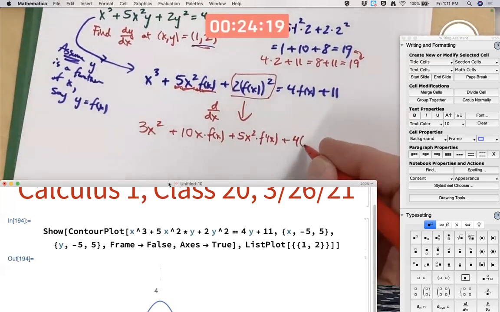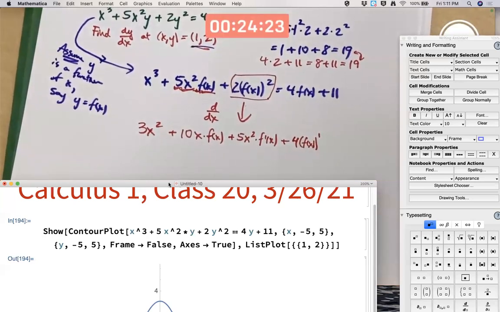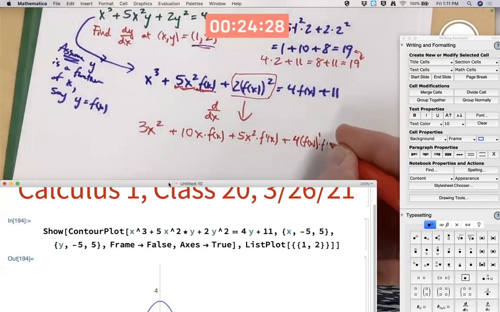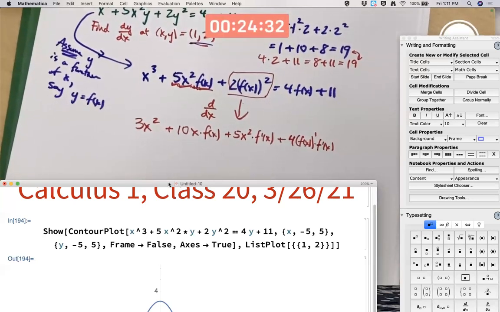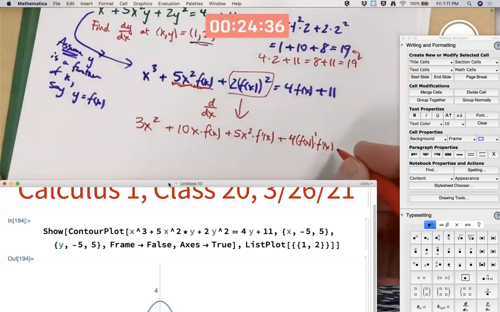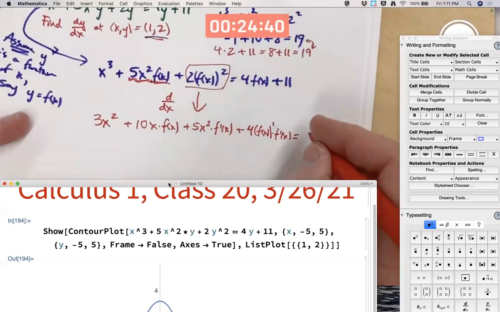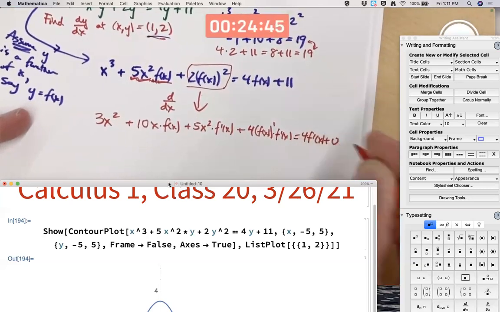Subtract 1 from the exponent, so I'd have f of x to the first power, which I'll go ahead and write, but you wouldn't have to because it's to the first power, times the derivative of the inside function. Well, that's just f prime of x. Got to do it to the right-hand side as well. Differentiate 4 times f of x, I'm going to get 4 times f prime of x. Differentiate 11, I get 0.